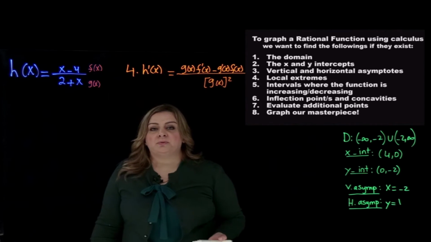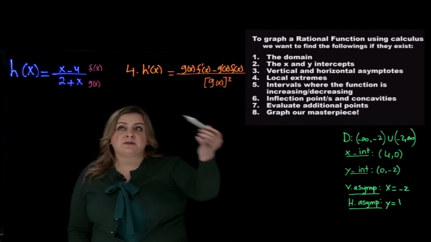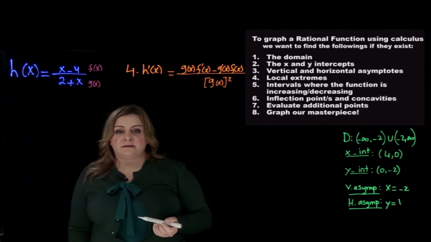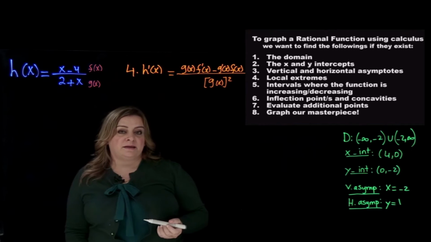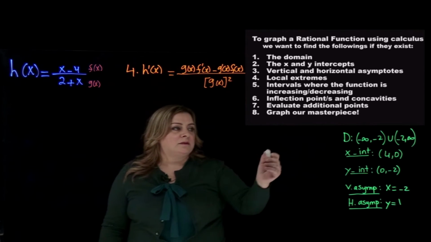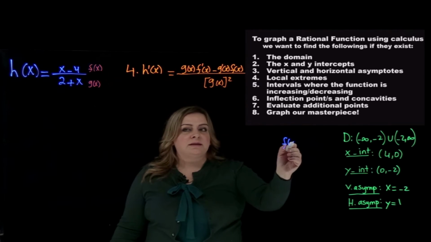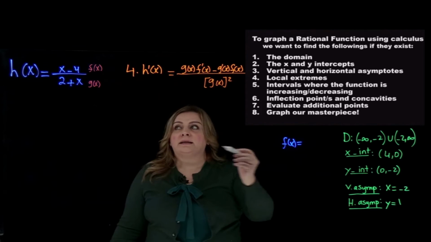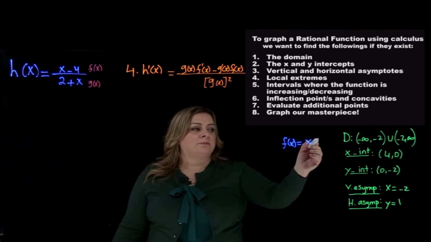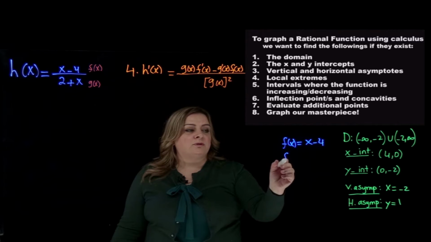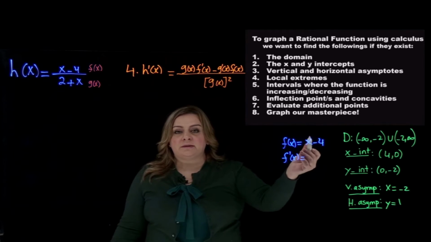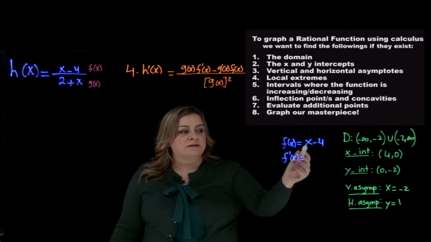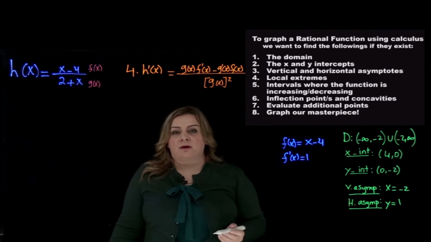I like to state the functions that I labeled here and find their derivatives so I can substitute back into h prime of x. I will start with f of x, which is equal to x minus 4. To find f prime of x, using the power rule for derivatives, I will have 1.